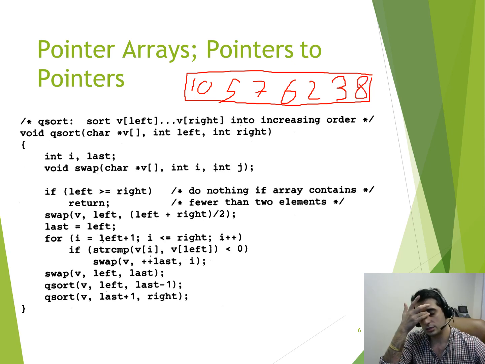So what does this quick sort do? First, we pick a pivot. That pivot would be the middle element. That's called the pivot, the middle element, which is 6.